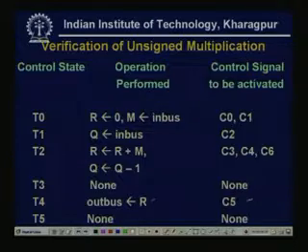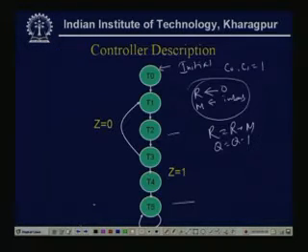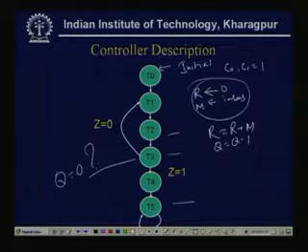Now, at the T3 state we are checking whether Q equal to 0 or not. Now, if Q is not equal to 0, then we will go back, that means again we have to perform R equal to R plus M, Q equal to Q minus 1.